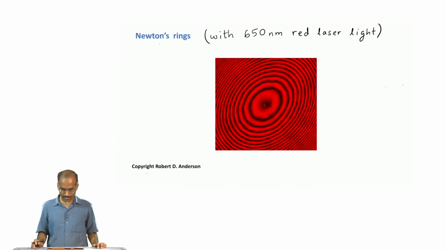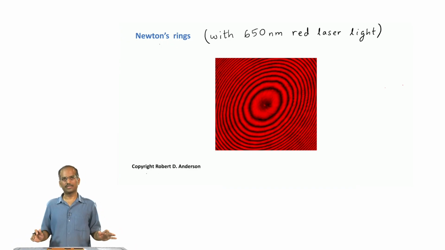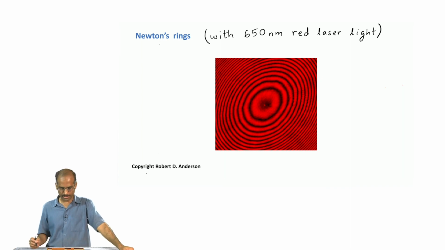So, here is a result of actual Newton's rings. It was generated with 650 nanometer red laser light, and you will see the first thing is that at the center there is a dark spot. So, clearly the center satisfies the conditions for destructive interference, and as you can see, large higher order fringes have been generated in this case.